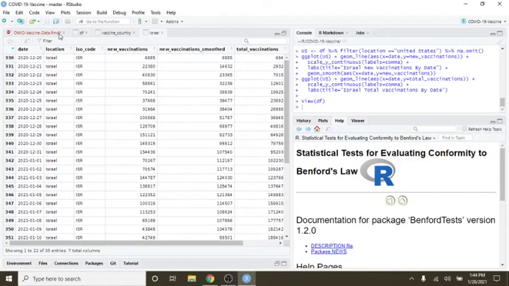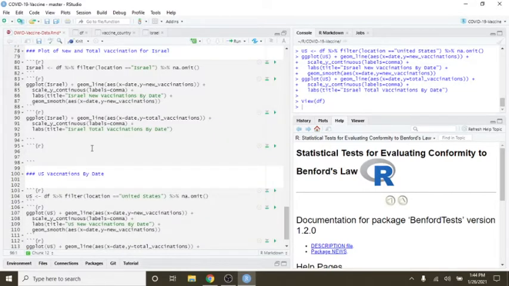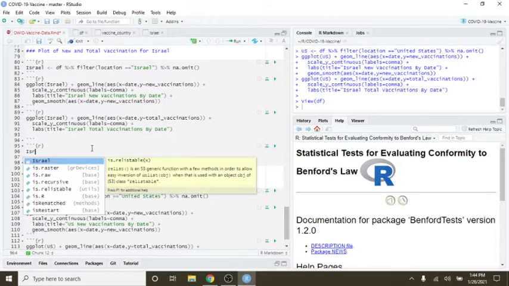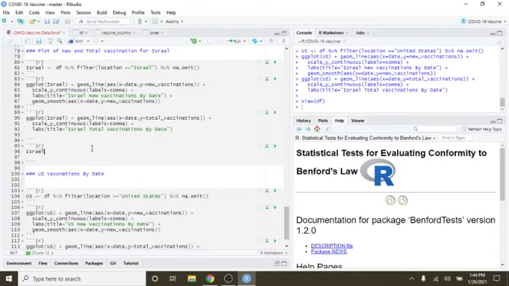So we're going to do total vaccinations divided by total population.